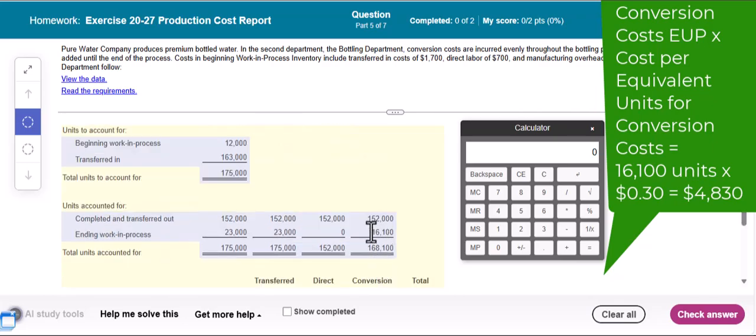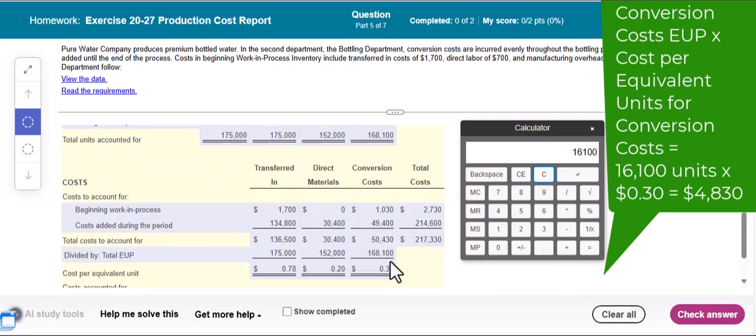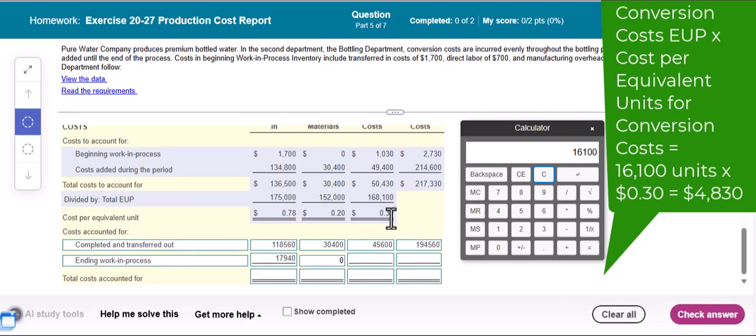Apply that by the 30 cents for the conversion cost per equivalent unit. So that's 16,100 times 0.30, and that gives us 4,830.